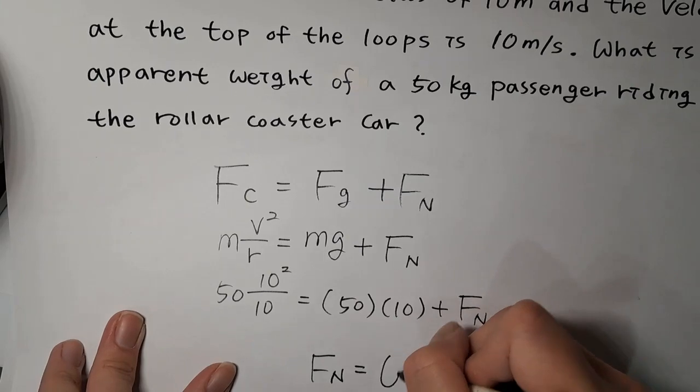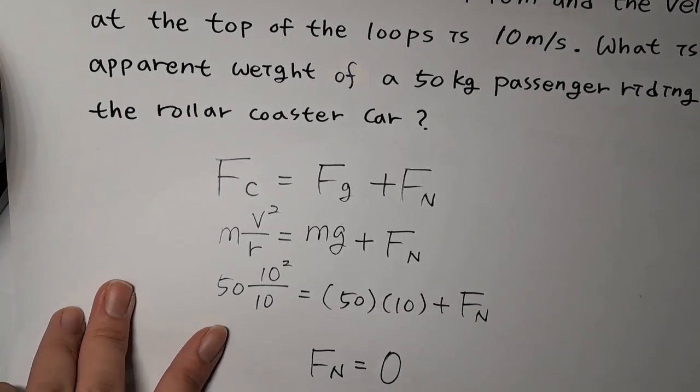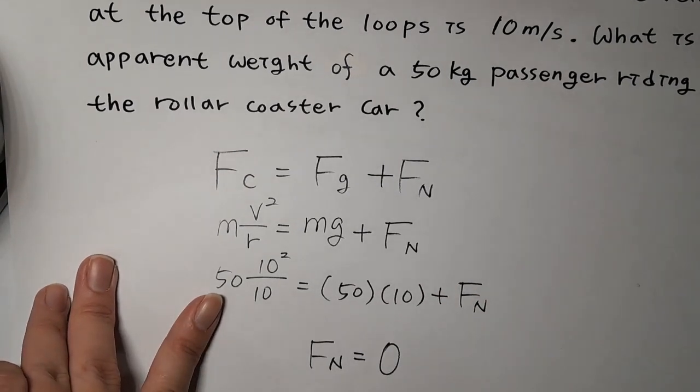So the normal force is 0. In this case, the passengers would feel weightless at the instant the roller coaster reaches the top of the loop.